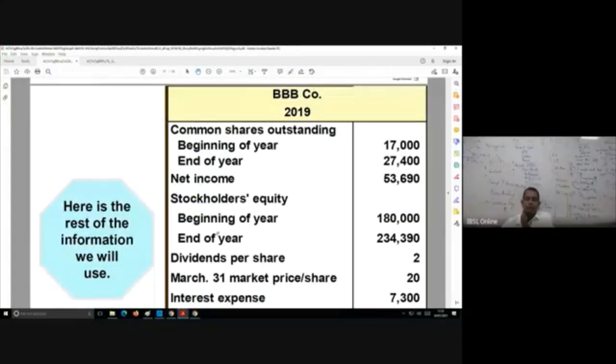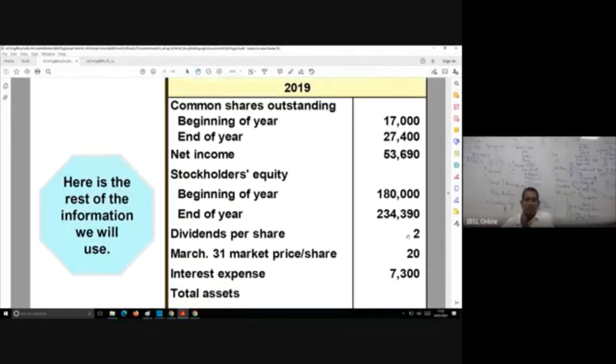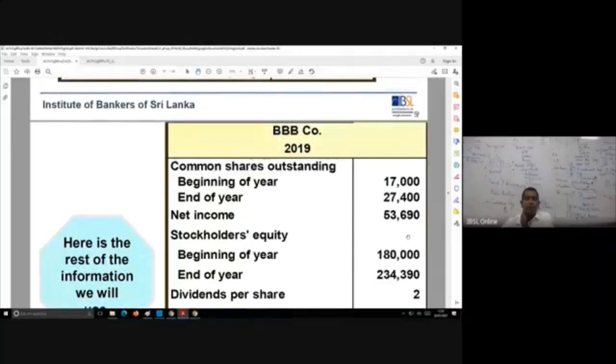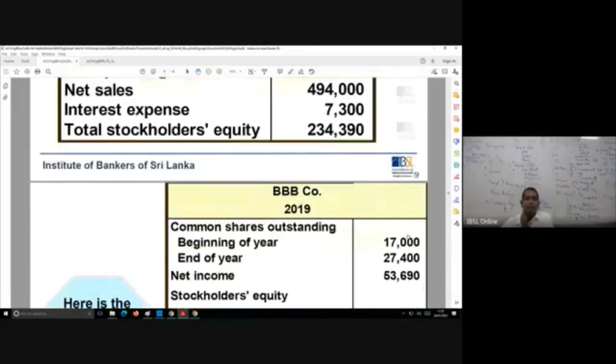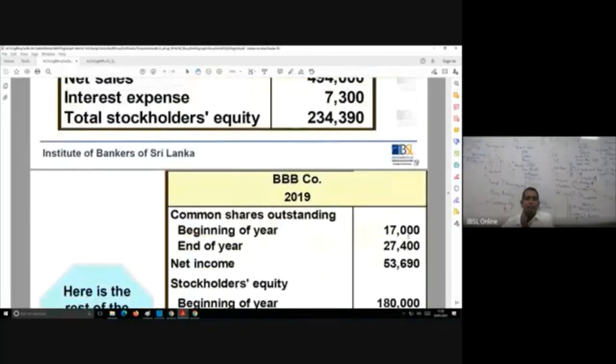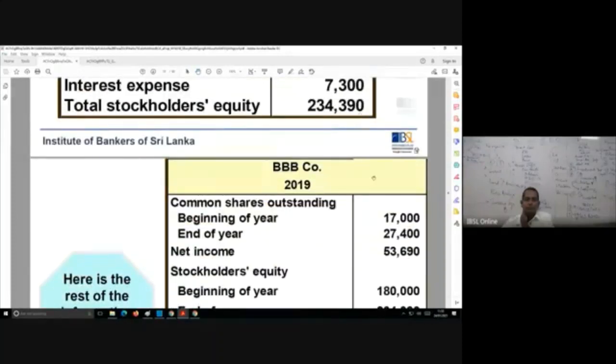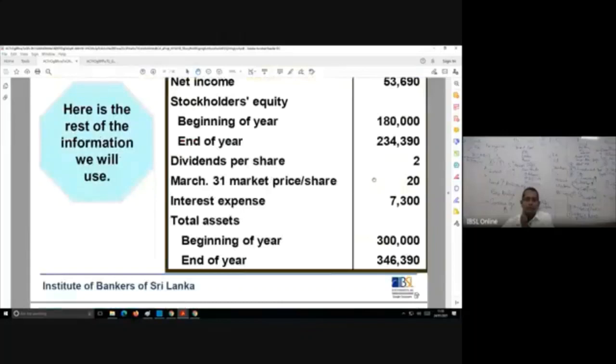This one, beginning of the year, this is the position. End of the year, this is the position, right? This one. Total assets is this one.